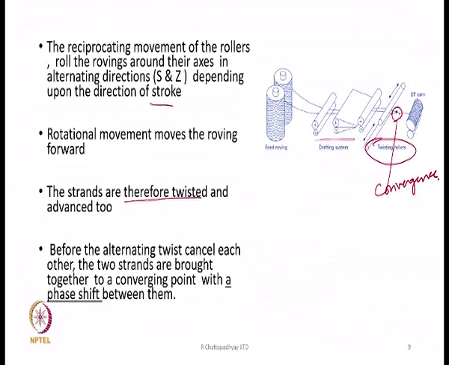If the path length remains the same, then there will be no phase shift. So, there has to be a way to ensure that the distances from the nip to the convergence point are not the same for the two rovings. One of them has to be larger than the other, and that is what is called phase shift.